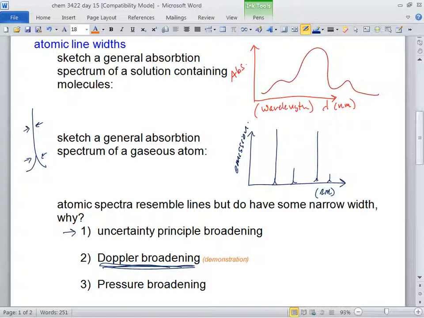Those hot gaseous atoms in that lamp. Well, are all of them staying put, or are they moving inside there? They're definitely moving. So the ones that are moving towards you when they emitted their light are going to emit a little bit Doppler shifted frequency. Though if they're moving away from you, they're going to emit a red shifted, Doppler shifted frequency.